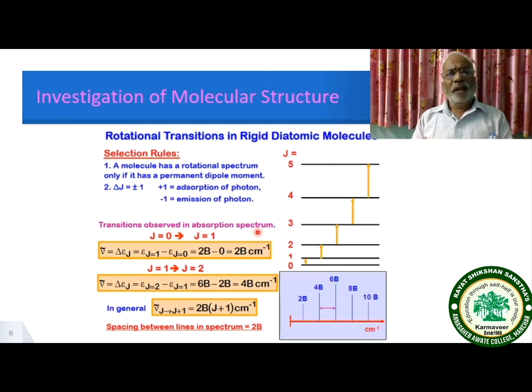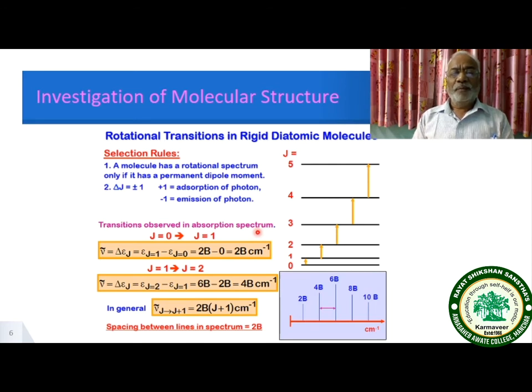A molecule has a rotational spectrum only if it has a permanent dipole moment. If it has the permanent dipole moment, this is the first condition. Second condition, from which energy state the transition is allowed: delta J is equal to plus minus 1.